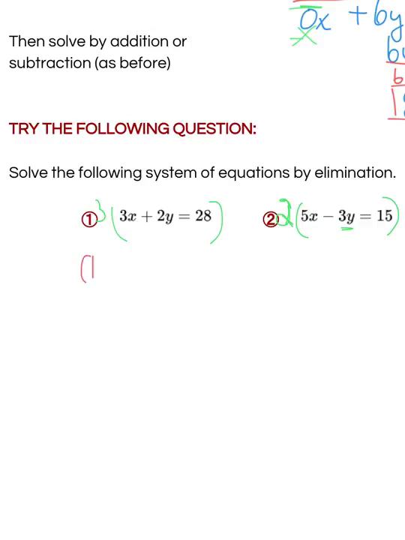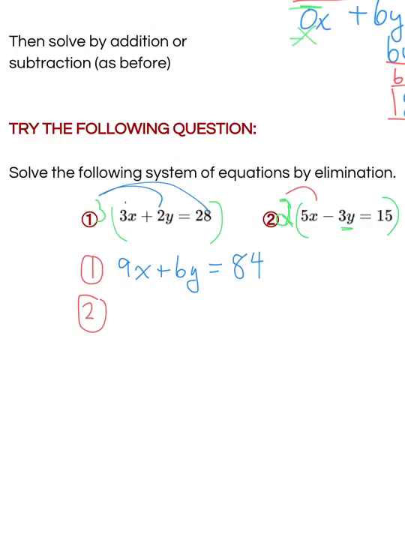So my new equation number 1, when I multiply the 3 into every part of this equation, is 9x plus 6y equals 3 times 28, which gives me 84. And now I'm going to write my new equation number 2 below it.